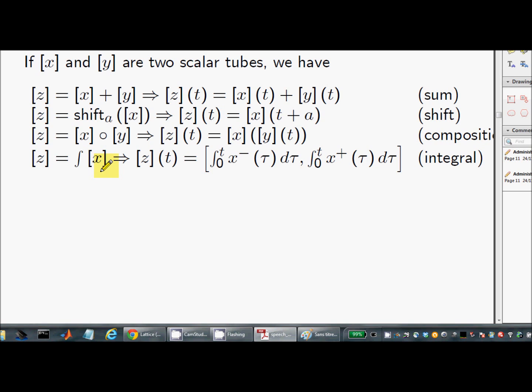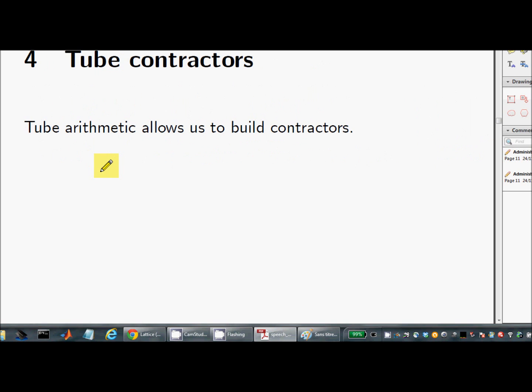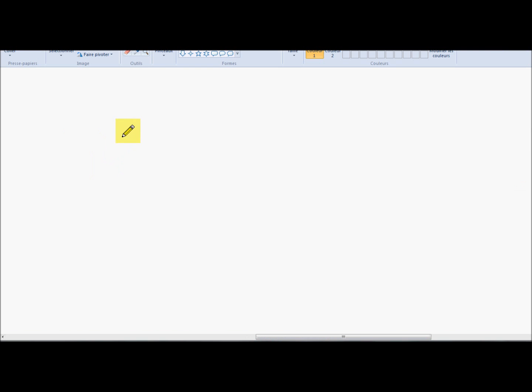The role of tube arithmetic, similar to interval arithmetic that we have proposed before for real numbers, is to build contractors. I will take a very simple example in order to explain how to build a contractor for tubes.